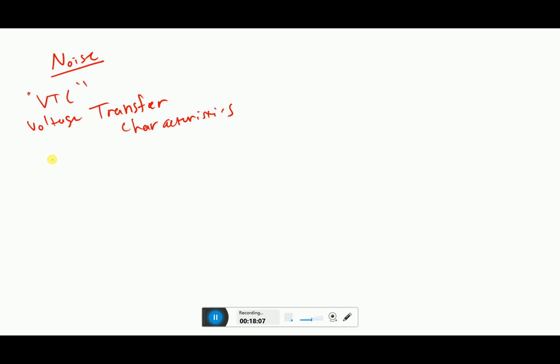So we'll make a graph. On the y-axis is Vout. On the x-axis is Vin.